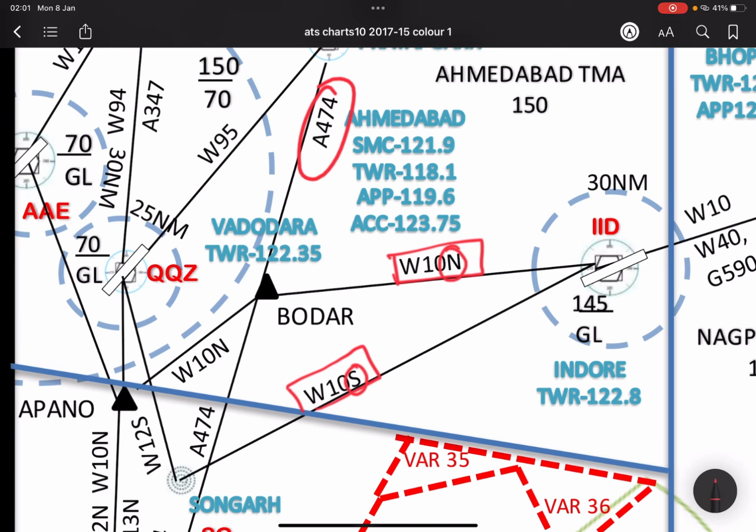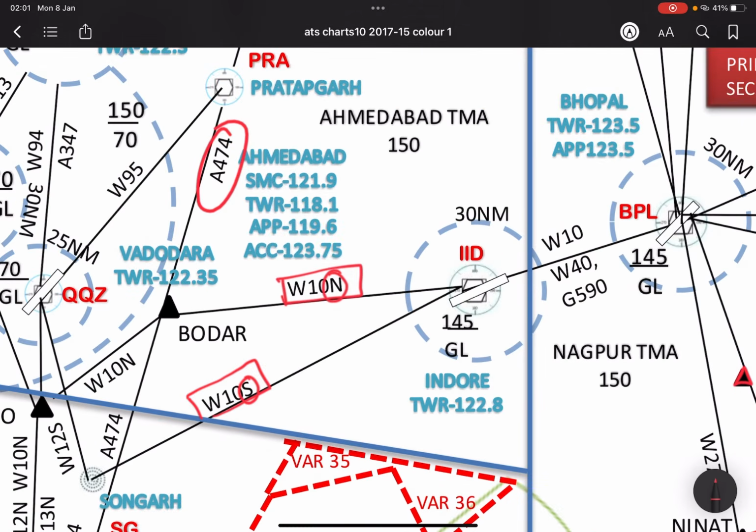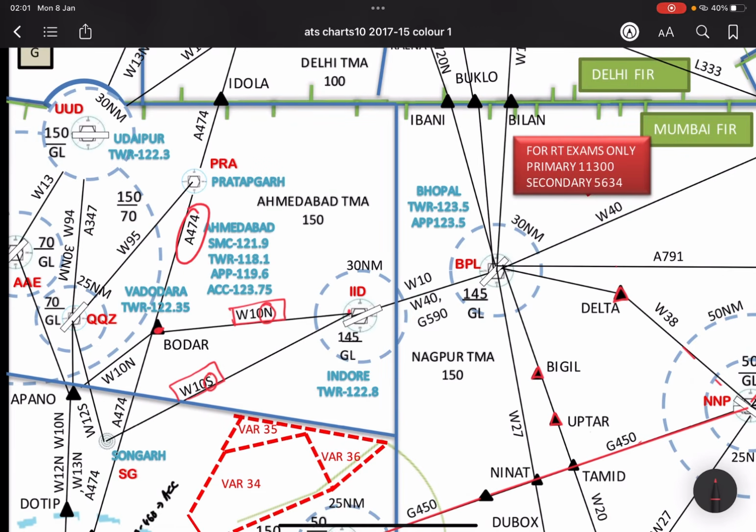These are additionally given to tell you something. A simple example would be that these are one-way routes. Meaning, let's say you're flying from Bodar, from somewhere here all the way to Indore. Let's align this to north.